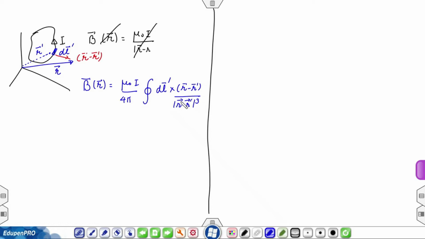You can see, like Coulomb's law, the dependence of B is 1 over distance square. So, this is how you calculate it.